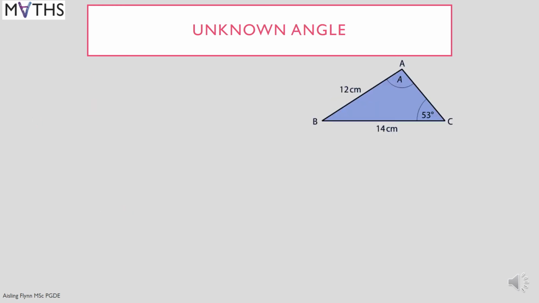Now, moving on, this time we're asked to use the sine rule to find a missing angle. Find the measure of angle A correct to the nearest degree. So just like before, we're going to match up the sides and angles first.